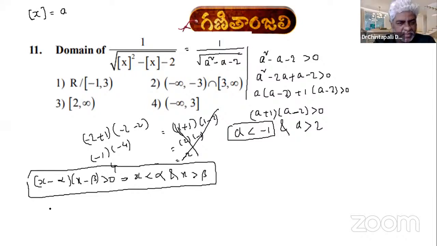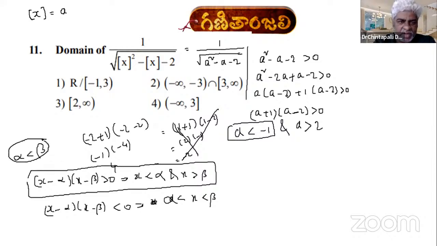And another formula: (x minus alpha) times (x minus beta) is less than 0. That means x must be greater than alpha and less than beta, provided alpha is less than beta.